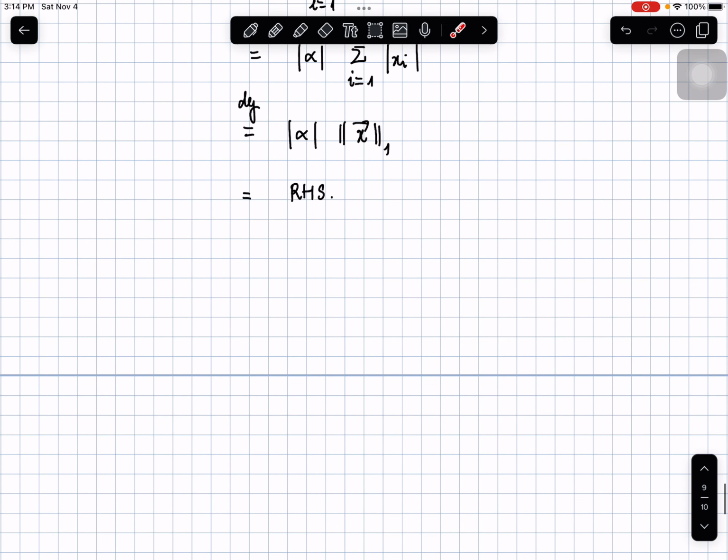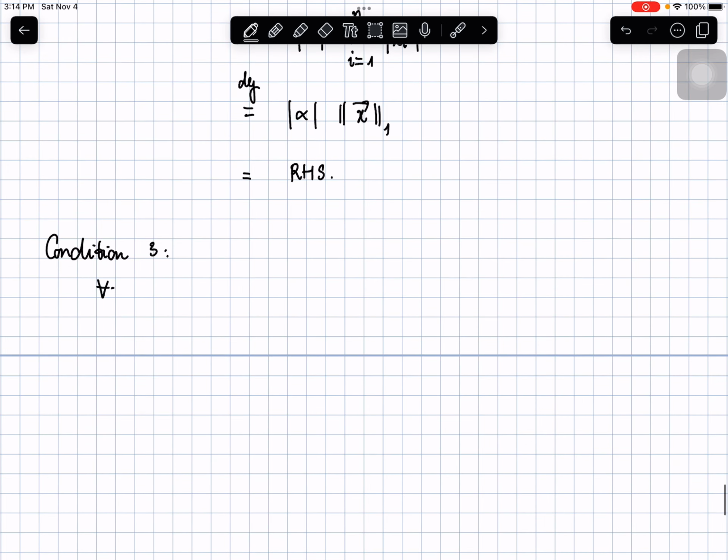Condition 3 is the triangle inequality. So now let's pick any vectors, say x and y, in Rn. We have norm 1 of x plus y.